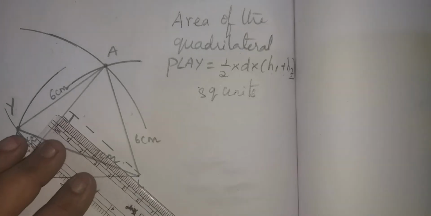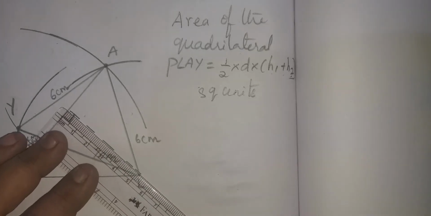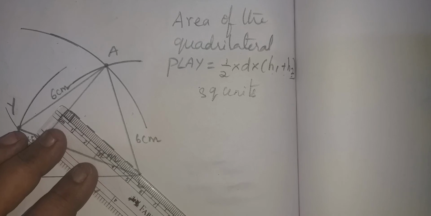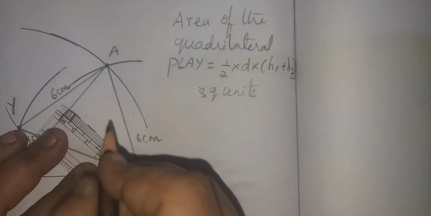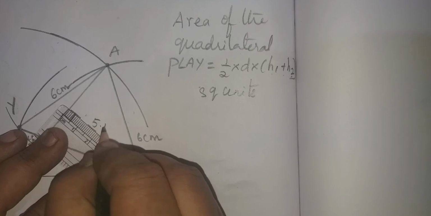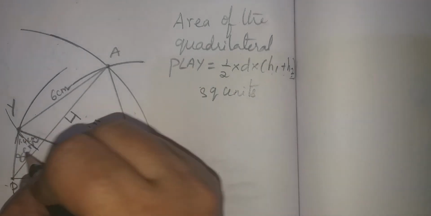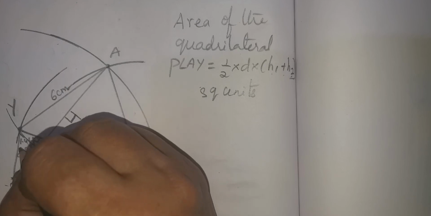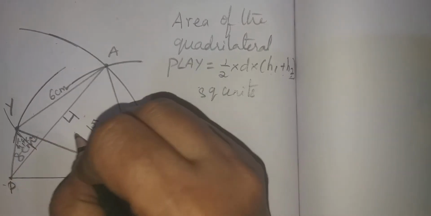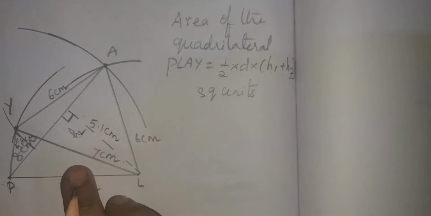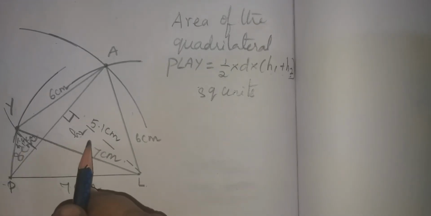Now let us measure the another height. It is 5.1 centimeter. Now let us name this as h1 and this as h2. Now we have found h1 and h2.